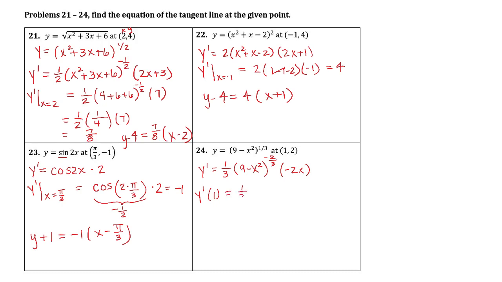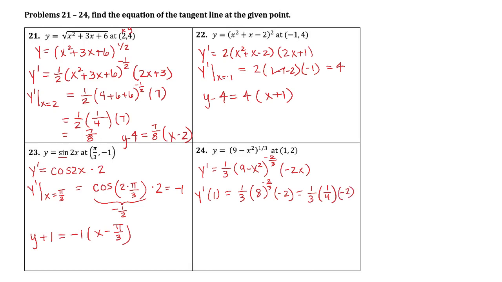So that's going to be 1/3 times, well, that's going to give me 8 to the negative 2/3 times negative 2. So that's going to give me 1/3 times, well, we have 1 over because of the negative. The bottom is our root, so the cube root of 8 is 2, and 2 squared is 4, so this is 1/4, and then times negative 2.